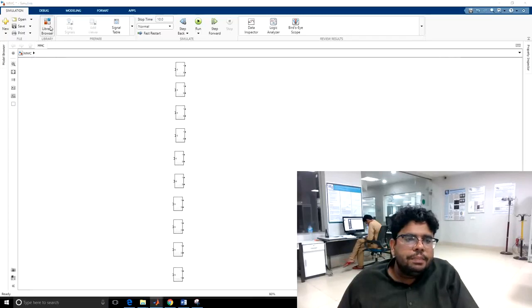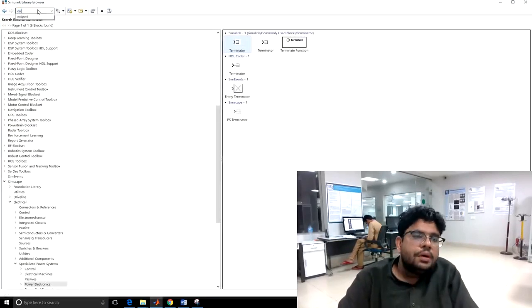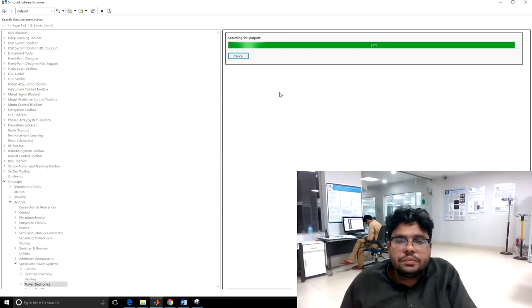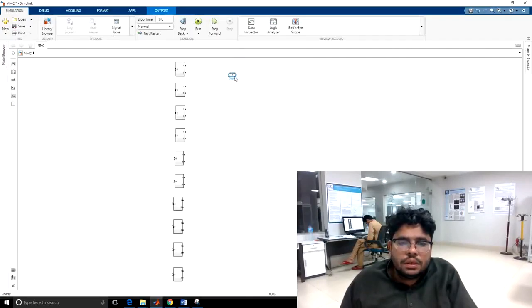I need to pick up output, let's connect it to this terminal.